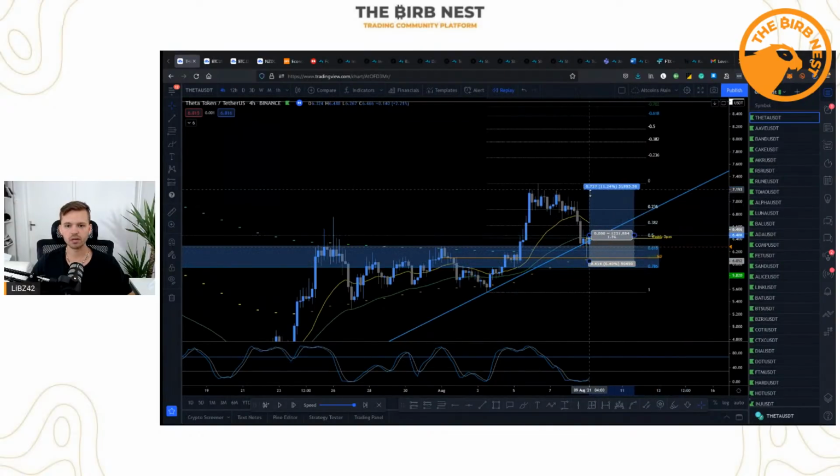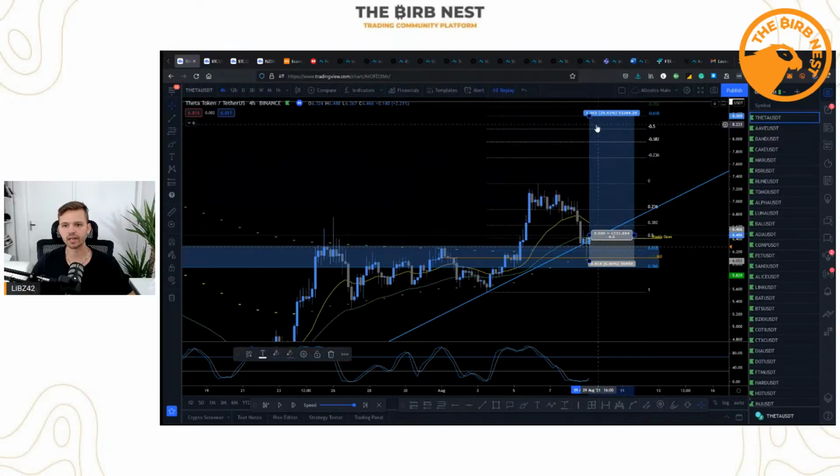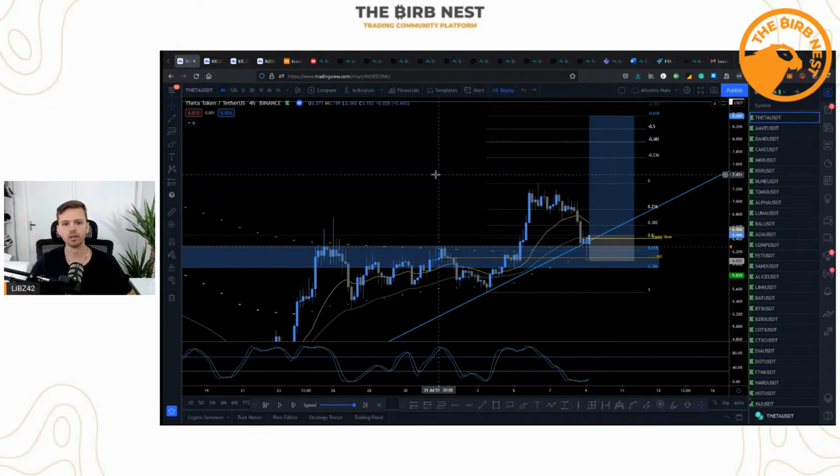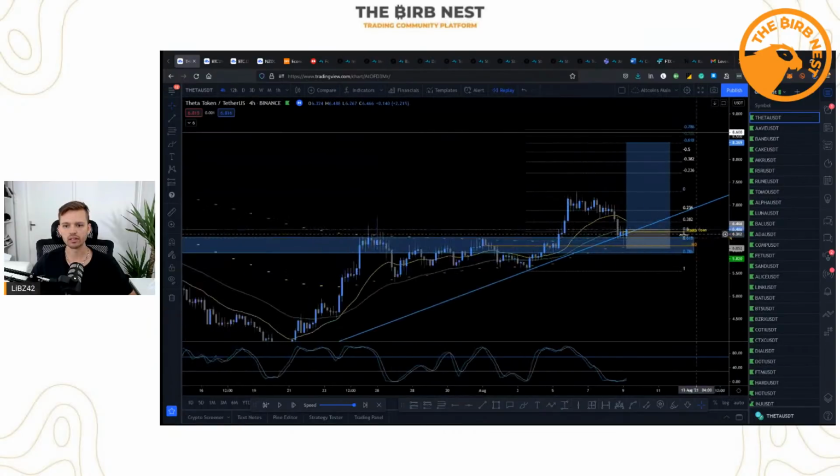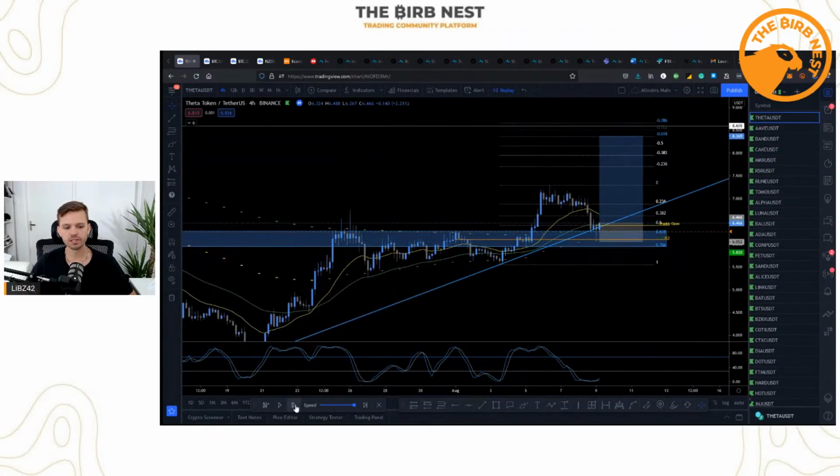My first take profit would be around the 0, second take profit around the -236, and the last take profit would be at the -618. And the average R of this trade would be 3.6, which is definitely acceptable for a swing trade like this one. And let's see how this is then playing out.